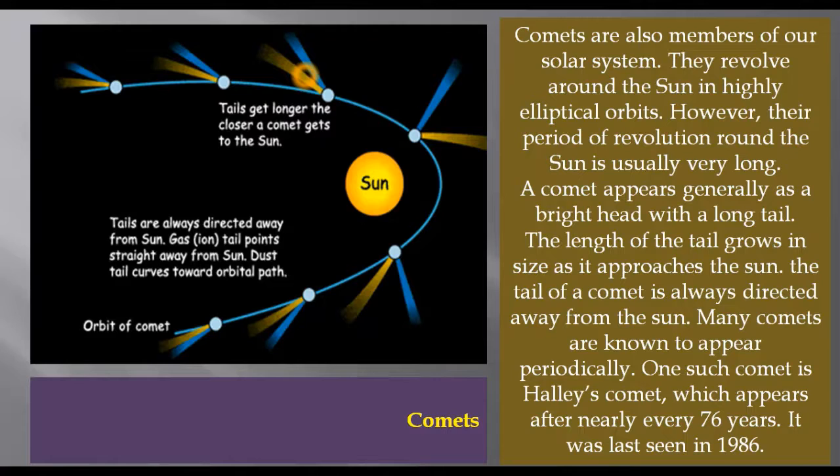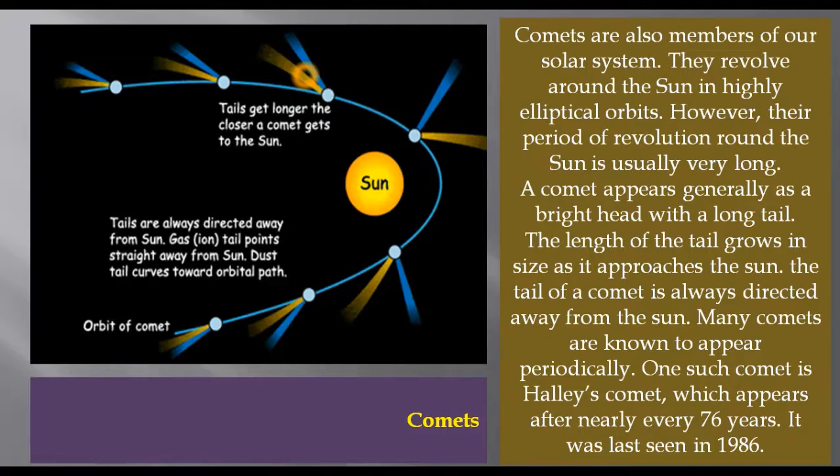Now why does it become visible at that time and why does it develop a tail? Basically the comet is made of gas and dust. And so what happens when it comes close, the sun's rays make its gas glow, which then separates and forms a tail millions of kilometers long.